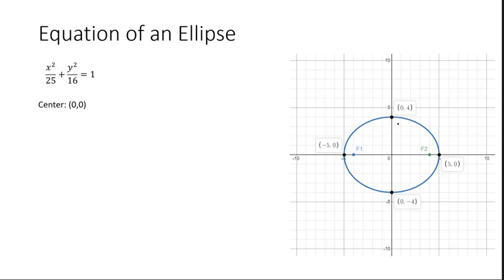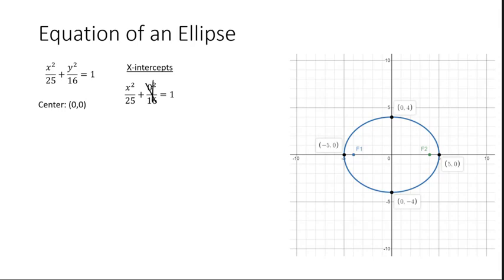All right, so we see it here in the graph very clearly, but if you were to try to find this on your own, what you do to find the x-intercepts is we plug a 0 in for y and then solve for x. All right, so that's going to give you your x-intercepts. If you plug a 0 in for y, we have x squared over 25 plus 0 squared over 16 equals 1. So this would just cancel out.